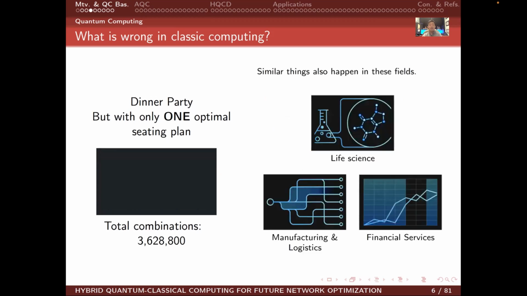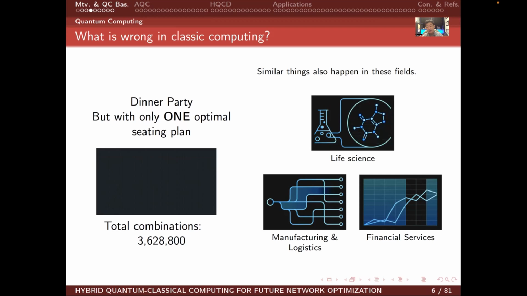Similar things also happen in many fields. For example, life science. Recently there has been a lot of big news about AI-based protein work, and also for DNA and RNA, all the different combinations of genes, which is a huge number of combinations. Also manufacturing logistics: what should I do first, what should I do next?